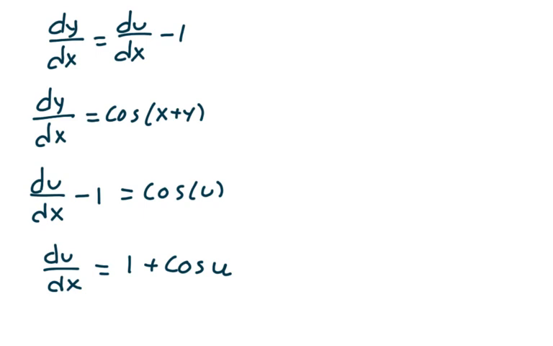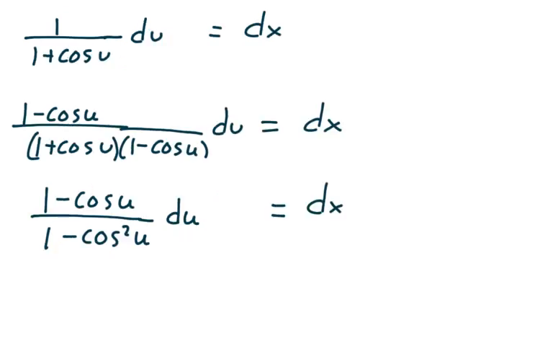Again, another separable differential equation. So 1 over 1 plus cosine of u du is equal to dx. And so I need to work with 1 over 1 plus cosine of u. And so I'm going to multiply the numerator and denominator on the left side by 1 minus cosine of u.